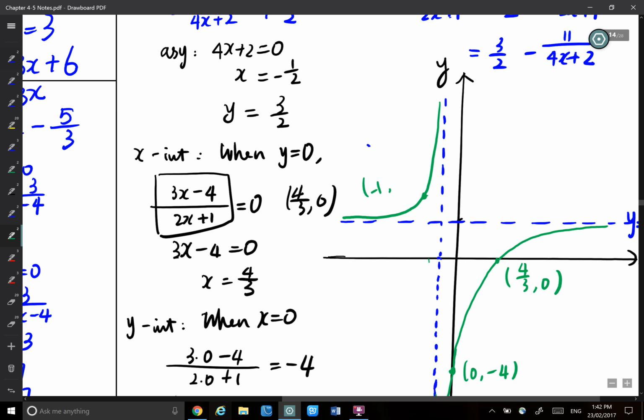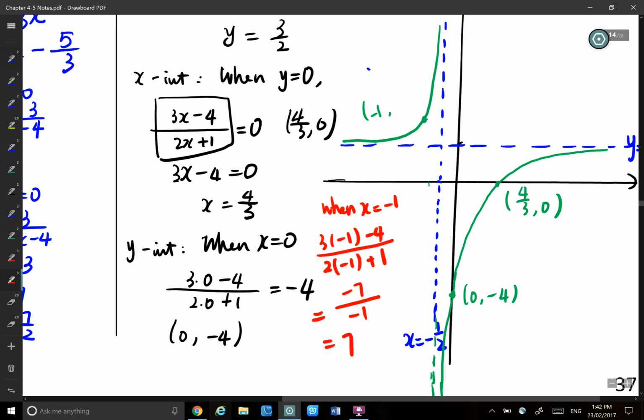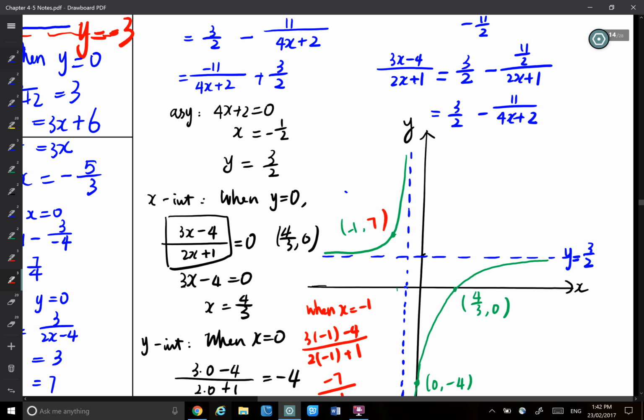So when x equals -1, 3 times -1 minus 4 over 2 times -1 plus 1 equals -3 minus 4 over -2 plus 1, which is -7 over -1. That will be 7. So that is -1 and 7.